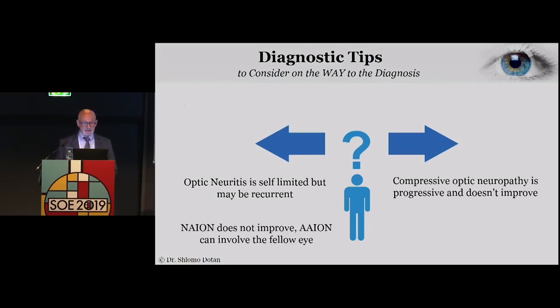NAION does not improve, while AION can involve the fellow eye. And that's the main reason to treat as early as possible. And of course, toxic optic neuropathy can be partially reversible.